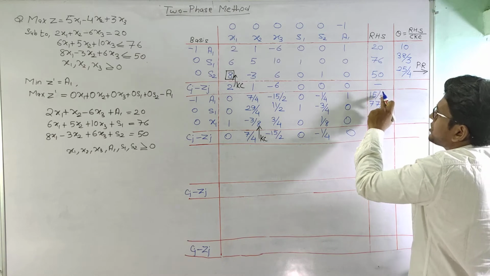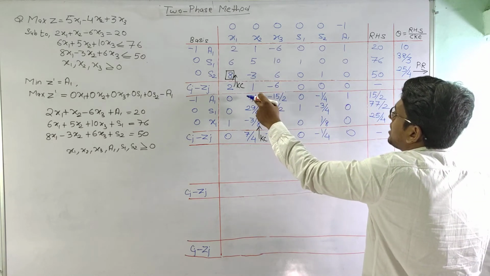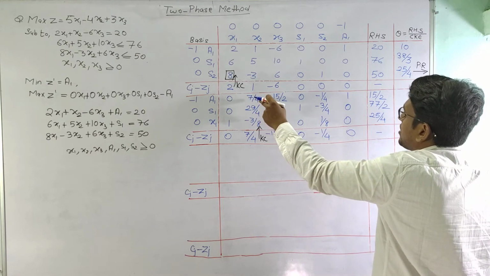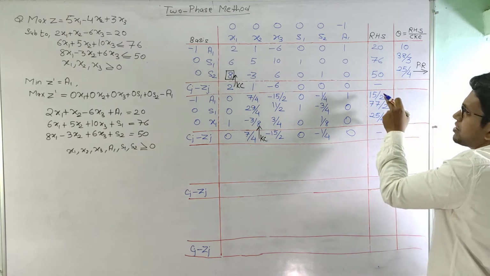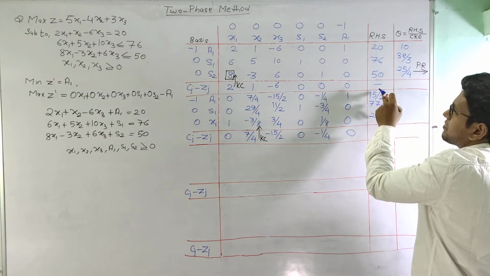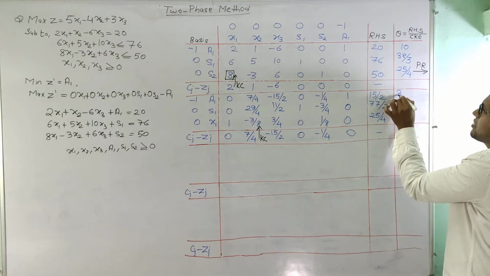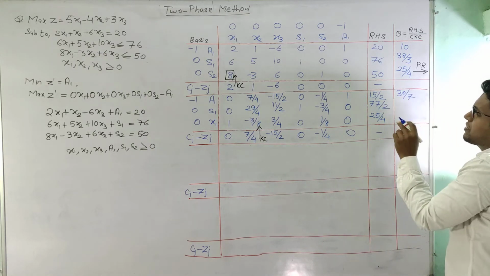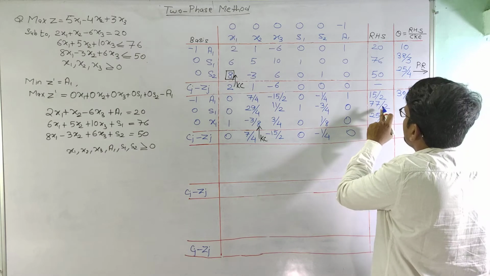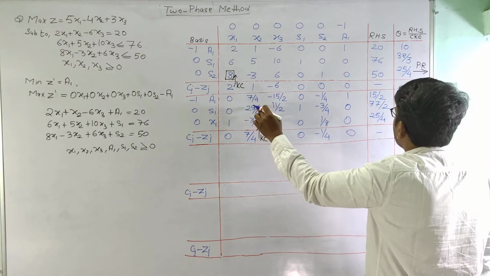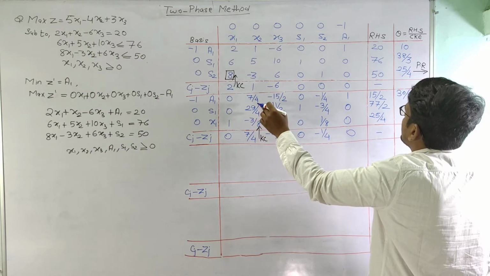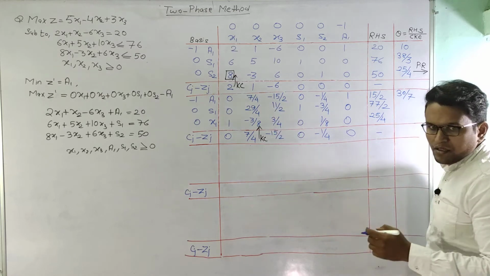So 15 by 2 divided by 7 by 4, this will be 30 by 7.